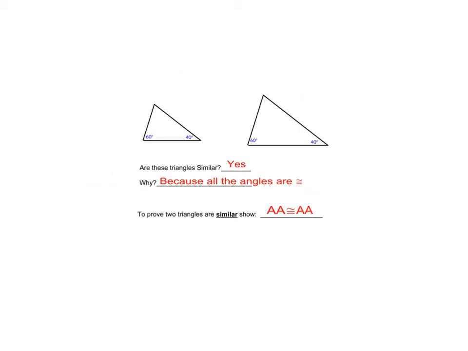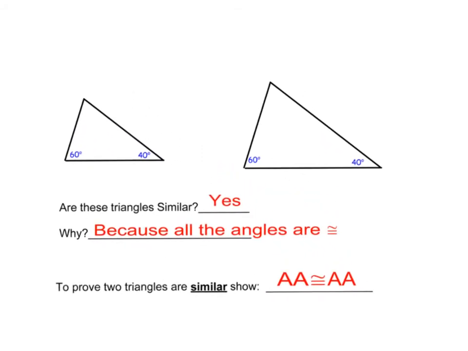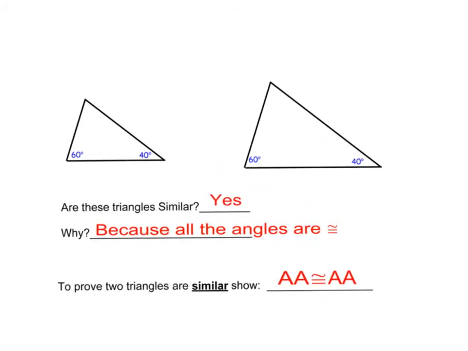The next thing here, we have the following. Are these triangles similar? Yes. Why? Because all the angles are congruent. So when I wrote all the angles are congruent, some of you might say, well, we only seem to see two angles that are congruent. And if you realize that there are 180 degrees in a triangle, if the two of these add up to 100, then this last angle must be 80.